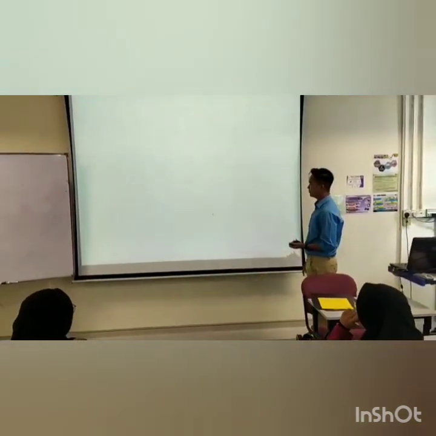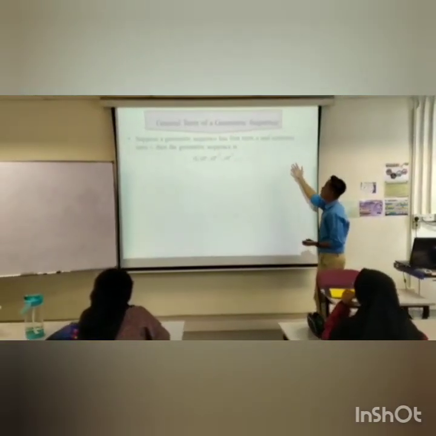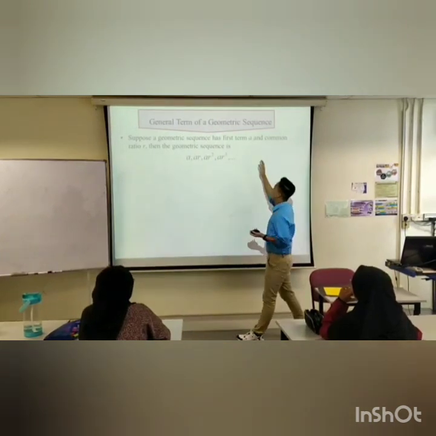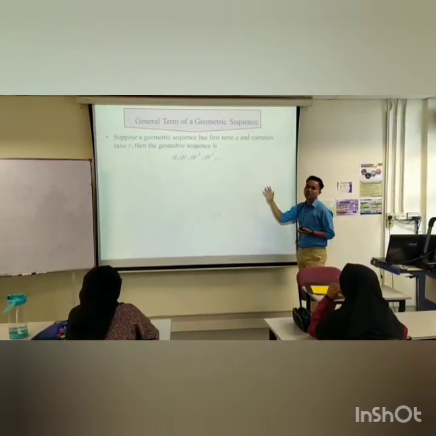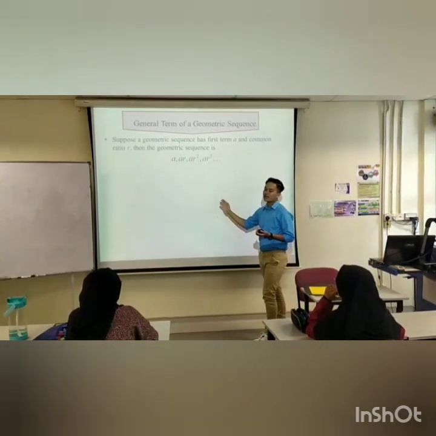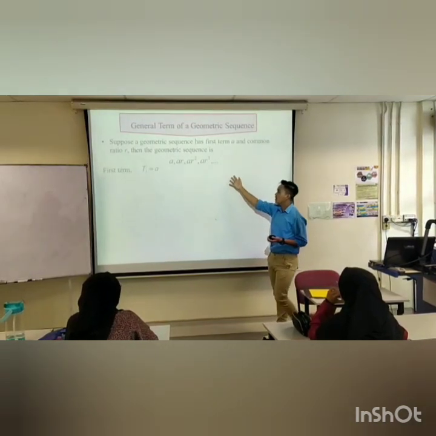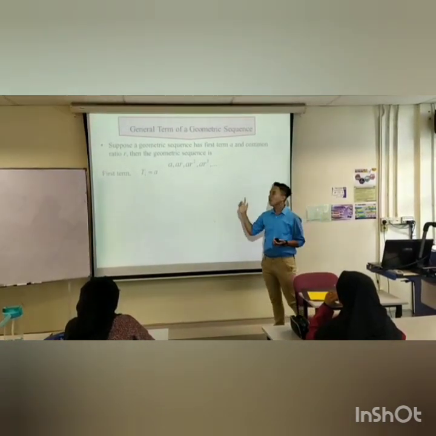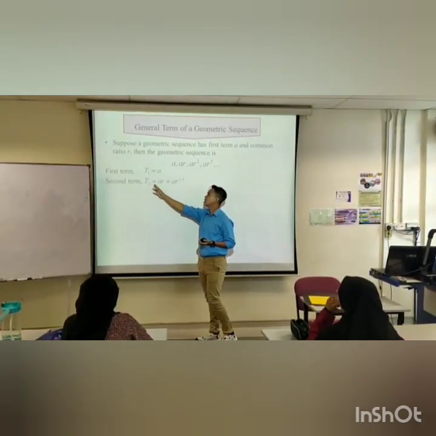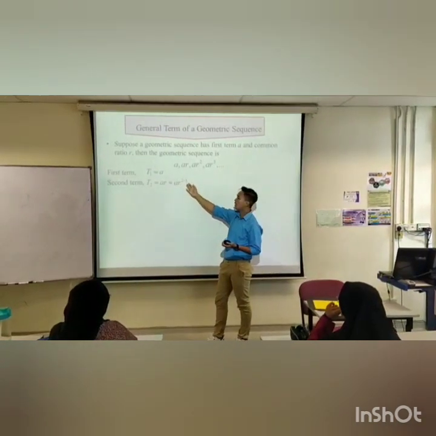So, moving on. General term of a geometric sequence. Suppose a geometric sequence has first term A and common ratio R. Then the geometric sequence is A, AR, AR squared, AR cubed, and so on. First term T1 equals A. Second term T2 equals AR, which is AR to the power of 2 minus 1.